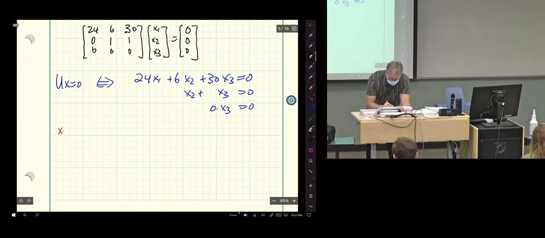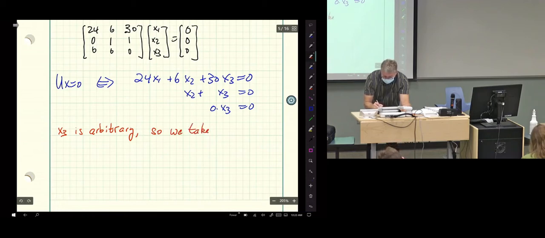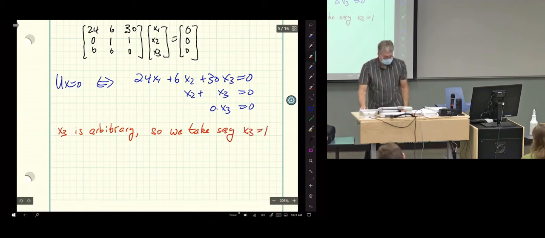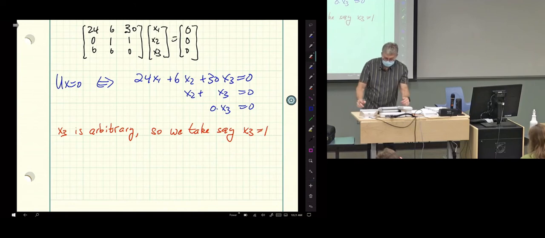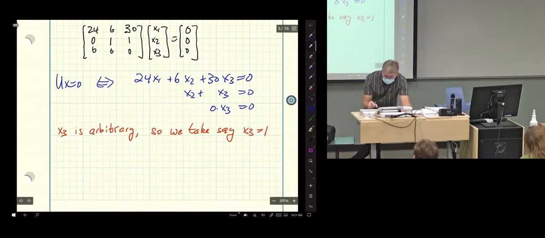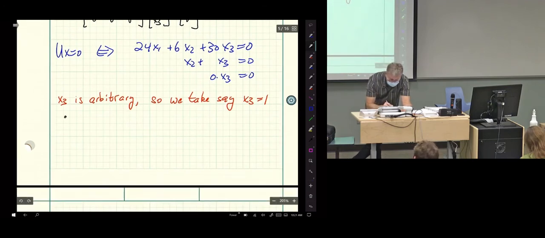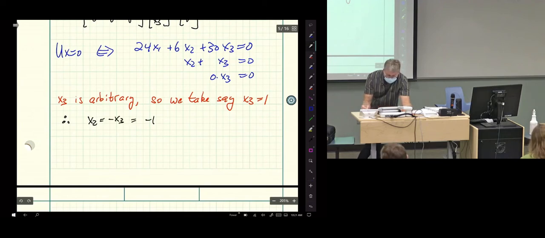Okay, so X3 is arbitrary. So we take, say, X3 equals 1. You're free to choose X3 equals 17 or just to keep X3 a variable and then plug in anything you want, but I just plugged in a number. So then conclusion, X2 equals minus X3 equals minus 1.